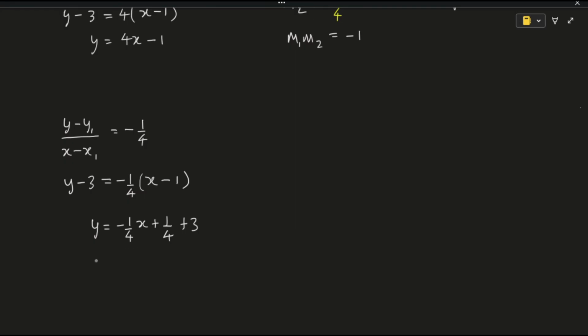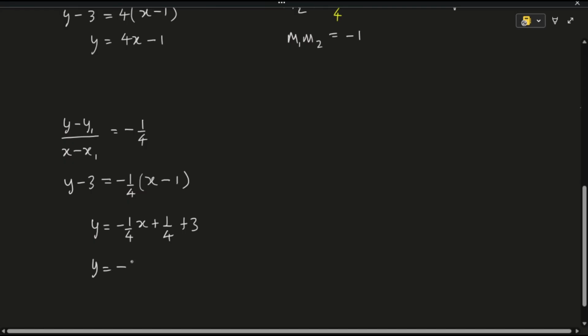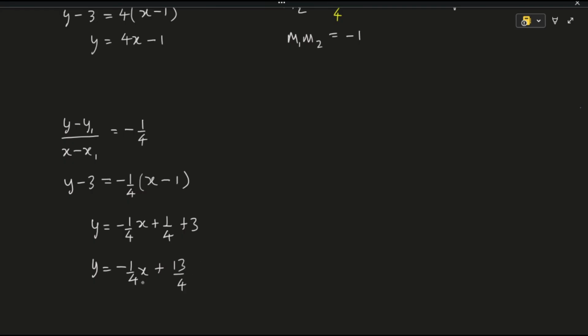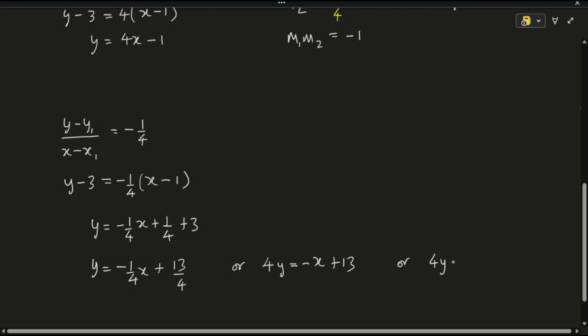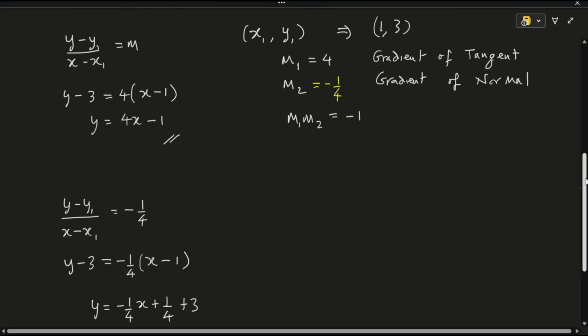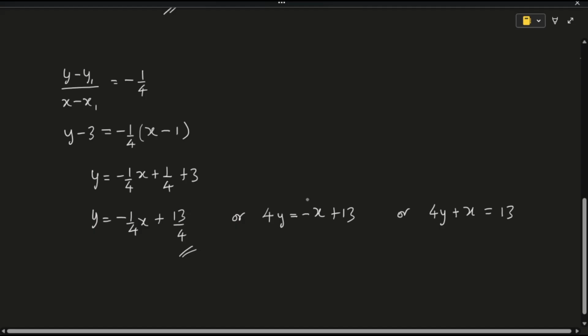Which means the equation of the normal will be given by, and when we multiply through by 4, we're going to have the equation of the normal also expressed as, and if we are to reposition this term, we're going to have the equation of the normal as, so this is the equation of the tangent, and that is the equation of the normal.